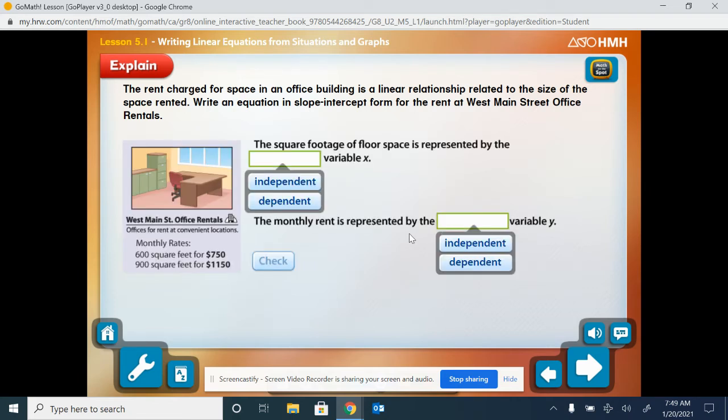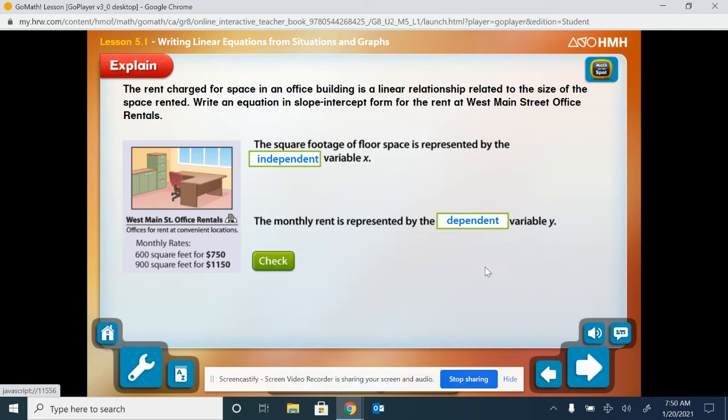First, we identify the independent and dependent variables. The independent variable, see right here, this is the x, so it's the square feet. The amount of money is the dependent variable, the monthly rent. The monthly rent depends on the square footage.